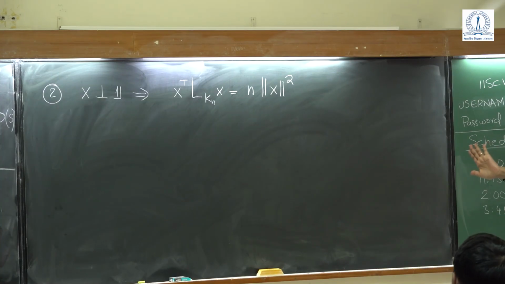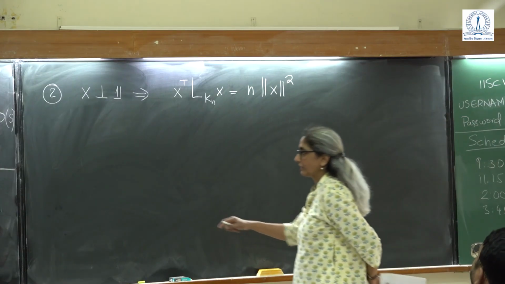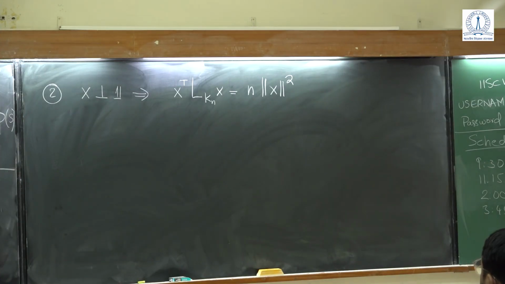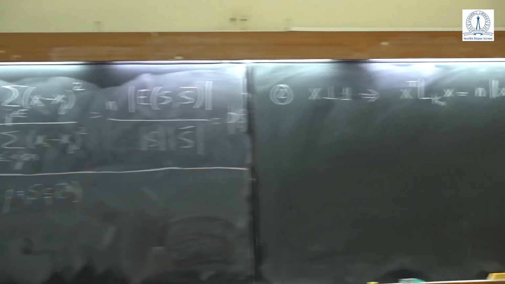Okay, so we're already in the orthogonal complement of 1. We said that's enough. Now, if I pick something from the orthogonal complement of 1, I want to evaluate this denominator. And I claim the denominator of this is just n times the norm of x squared. Can you plug it in and see that it'll work?